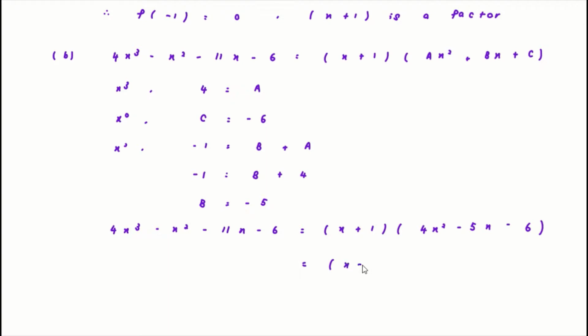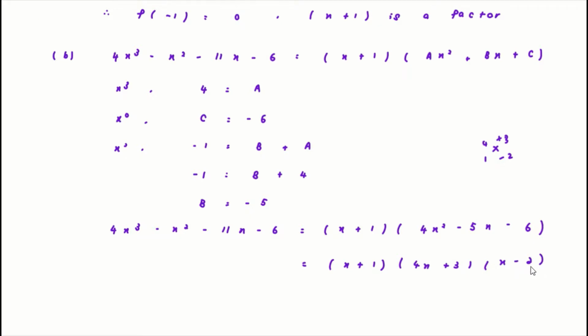For 4x squared minus 5x minus 6, you need to use 4 and 1, then 3 and 2. Then the minus is plus, so we get 4x plus 3 and the other one is x minus 2.